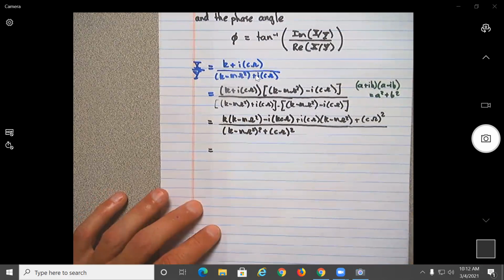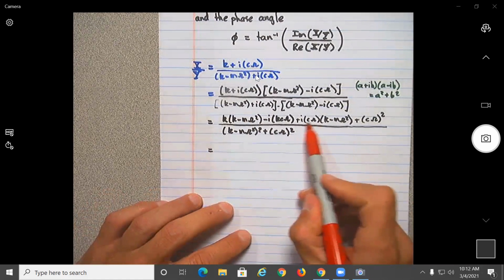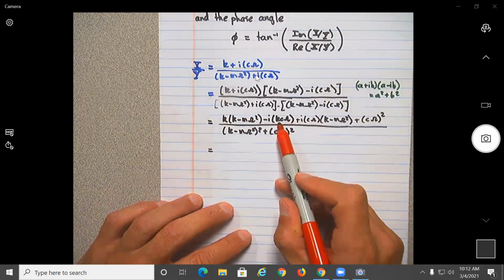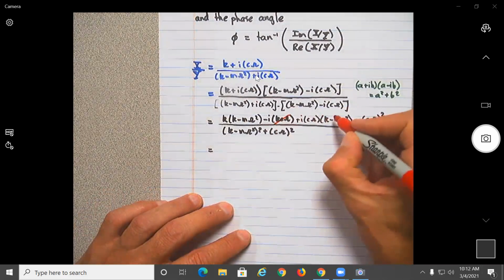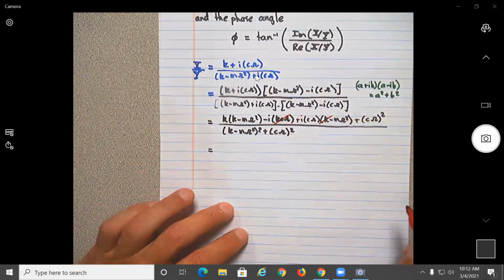Okay, so you can see right here that this term over here will be what? Positive k I c omega squared. This will be the negative, no? It will be minus. So it looks like this one is going to cancel with this one here. All right.